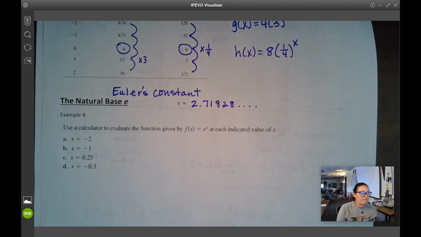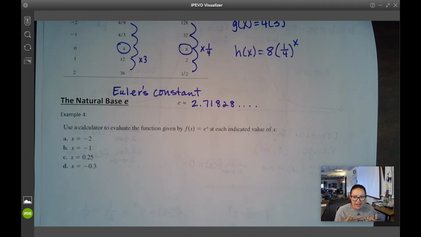Okay, now in class, I will kind of explain to you where e comes from, but it has to do with growth and change. And so e always comes up with exponential functions because in exponential growth, we talk about how things are growing.